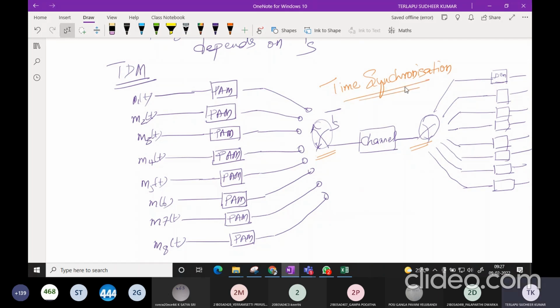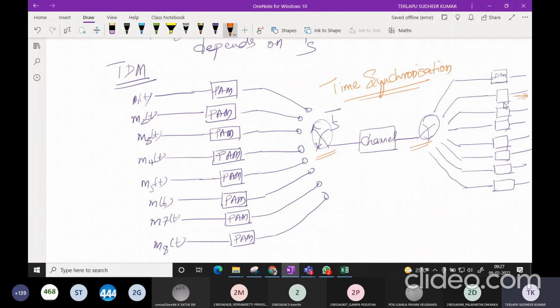Time synchronization on both sides. Because how much amount of time you spend for M1, how much amount of time you spend for M2, so on and so forth, the same amount of time should be spent at the receiver end also. Otherwise, my M1 may take the second path.